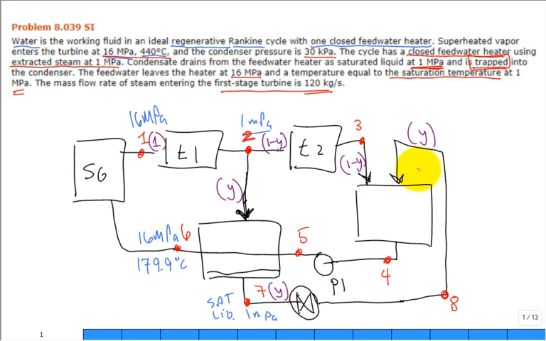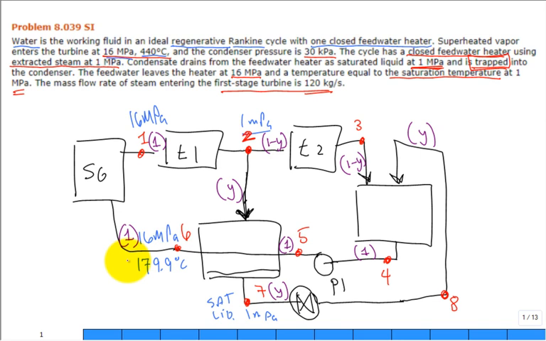Is it Y or 1 minus Y or 100%? It's back to 100%. That takes a little bit to figure that out. And then it's 100% going through the pump and 100% coming out of that closed feed water heater ready to go into the steam generator. So we figure out all of our mass fractions.